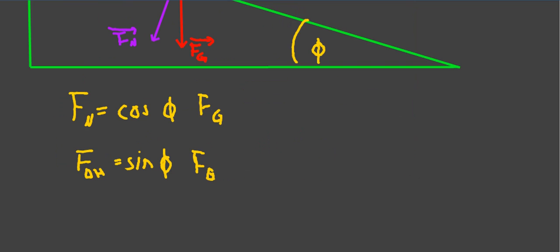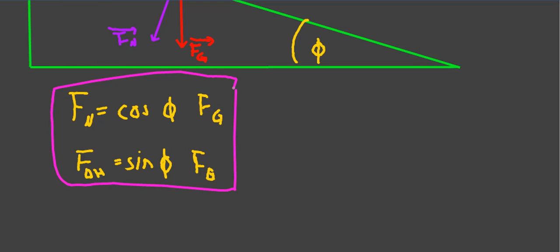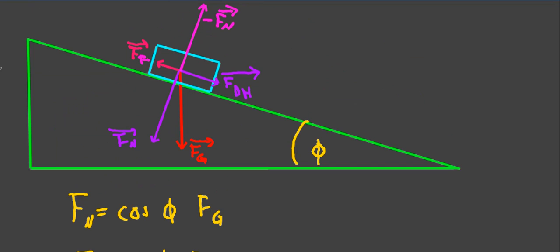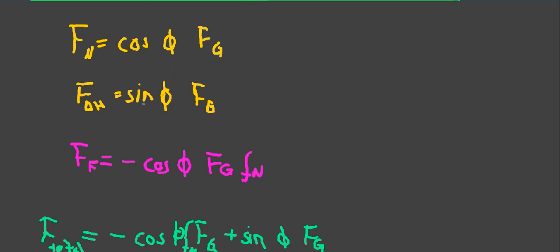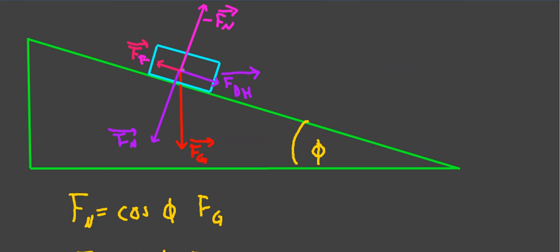Now if we add the friction, we have these two formulas being just the same as they were, but we get another one, which is our friction force, which is going to be our normal force multiplied with some coefficient and in the opposite direction of our velocity.